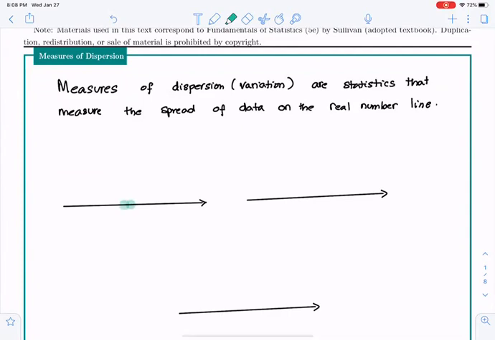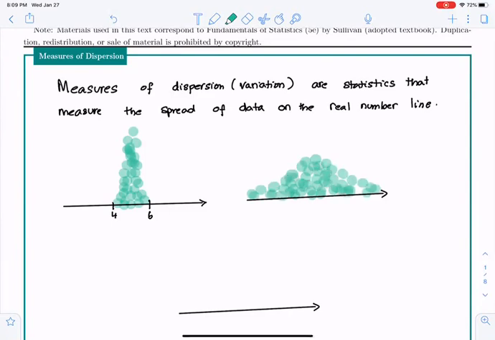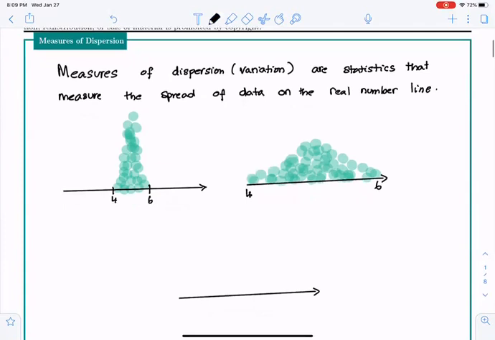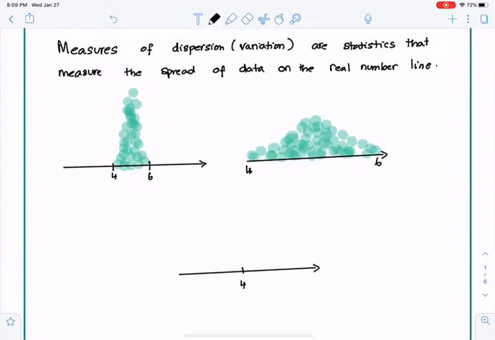So here is one. Those are the data points, and they lie between, say, 4 and 6. Now here is another sample. I'm piling stuff. And that is between 4 and 6. And the last case, I have one observation, let's say 4, and everything happens to be the same 4.